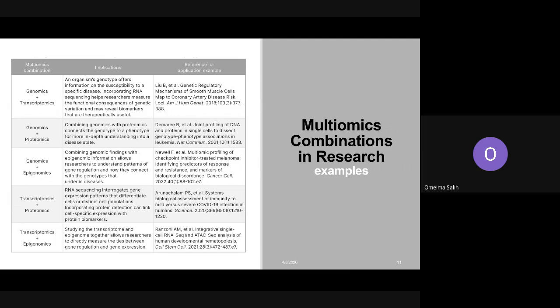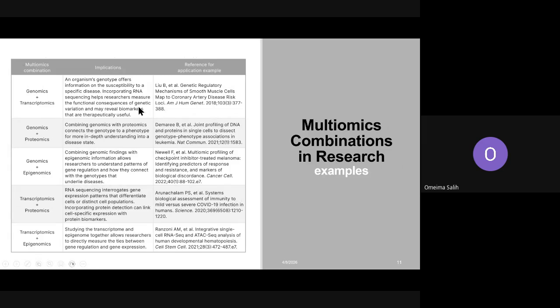Here is a table of combinations of different types of studies. As you can see from the table, you can combine genomics and transcriptomics. Again, it depends on your research question and your target. Or you can combine genomics and proteomics, genomics and epigenomics. So these different types of studies in the table show the implications.